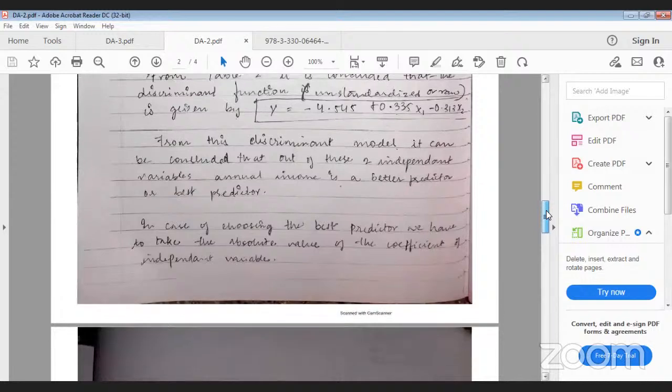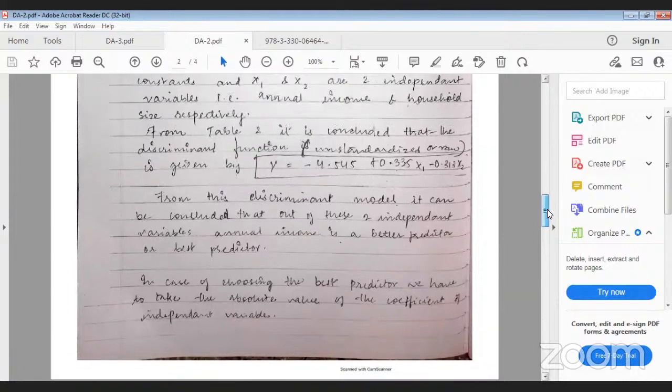In choosing the best predictor, we have to take the absolute value of the coefficient of the independent variable. Always take the absolute value. Actually, why is it better? 0.335, and if you take the absolute value of minus 0.313, then 0.335 is more than 0.313. You don't take the minus.